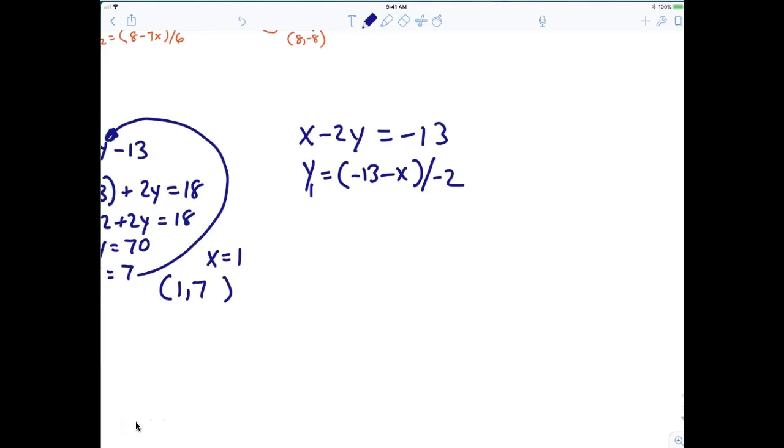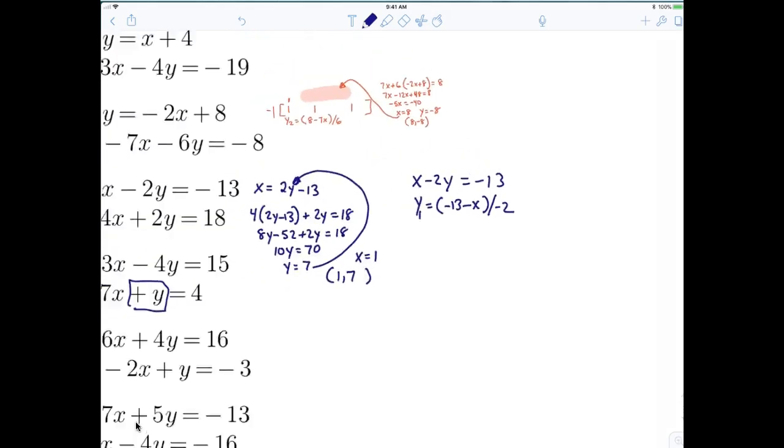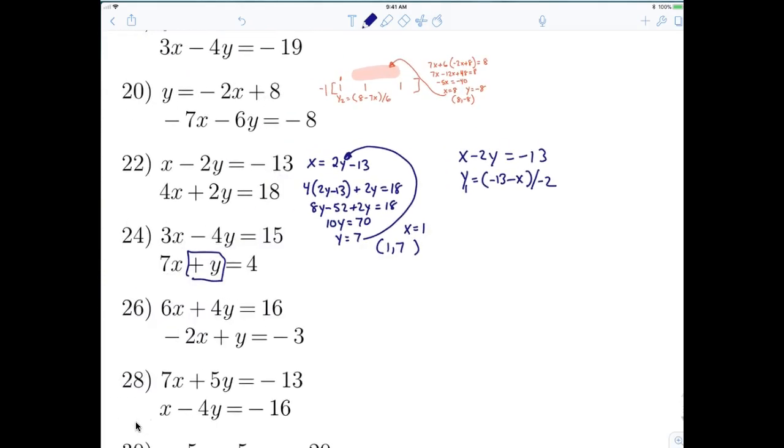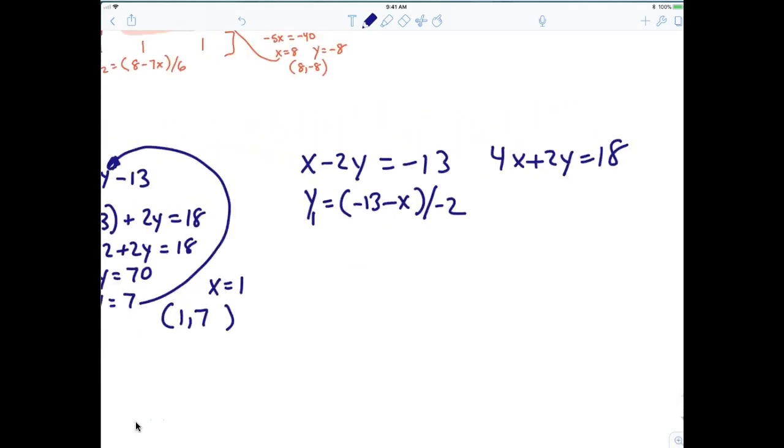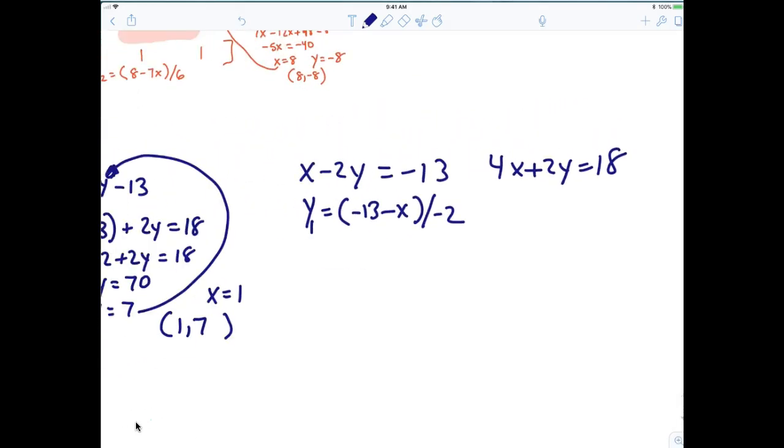Everybody happy with that? All right, let's see how smart you are then. Let's look at the next one: 4x plus 2y equals 18. Y equals parentheses 18 minus 4x close parentheses, divided by 2.